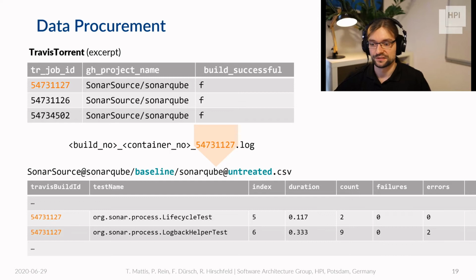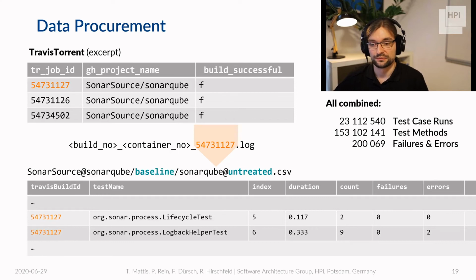So we fill our CSV files with the result of this parsing and a bit of sanitation. In the end, we ended up with 23 million test case runs and over 150 million test methods run, if we sum over this count column in the individual CSV files. So that's the core of the RTPTorrent dataset.